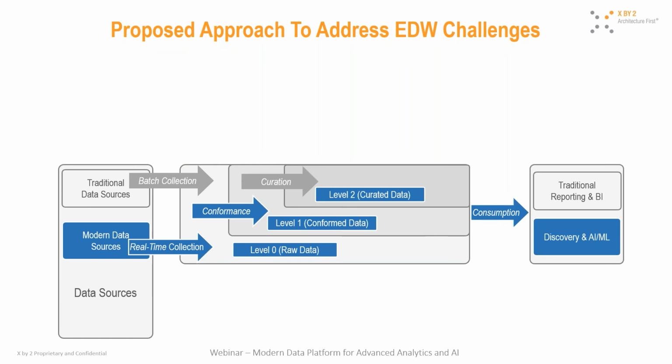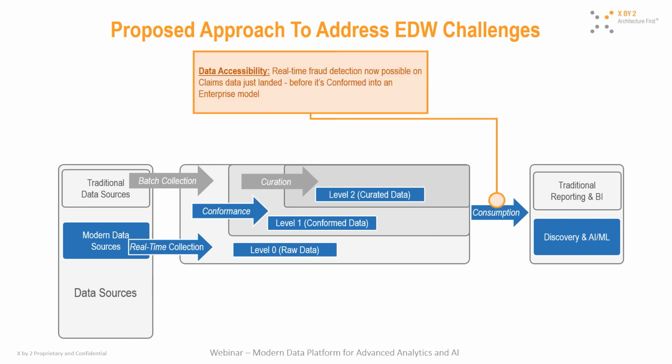The consumption here is now actually going off of all the 3 levels of storage. So that's the main differentiator between this architecture and the previous one: the consumption is not bound to start with conformed data only. On the use cases side, we have the traditional BI and reporting use cases, and we have the new use cases, some of which Ahsan talked about.